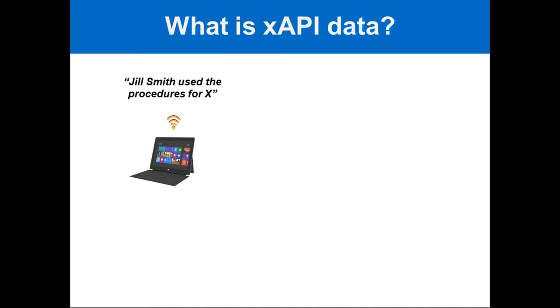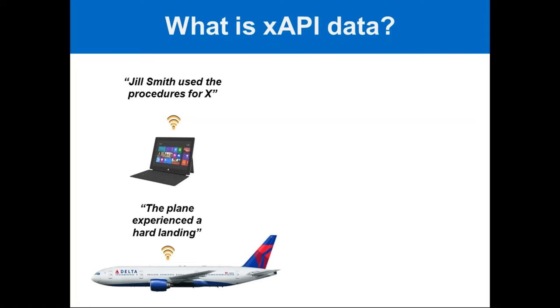So if I had a performance support application, maybe on an airplane, and I navigated through certain procedures, we could say the pilot, Jill Smith, used the procedures for this. And if we collected that data over time, we could see commonly used performance support items at common jobs, and we could better recommend those, or we could tune those to our user's experience.